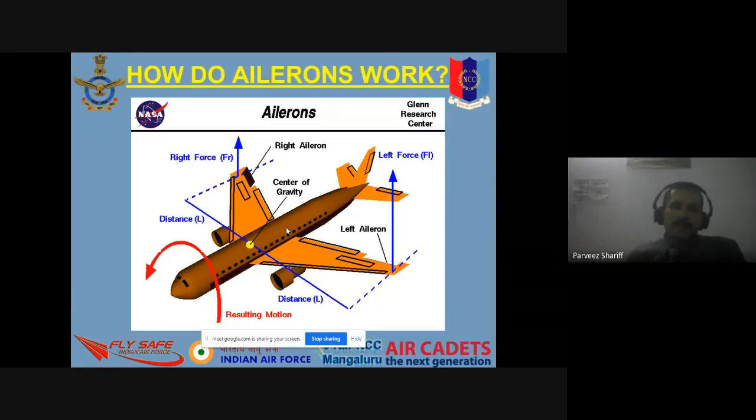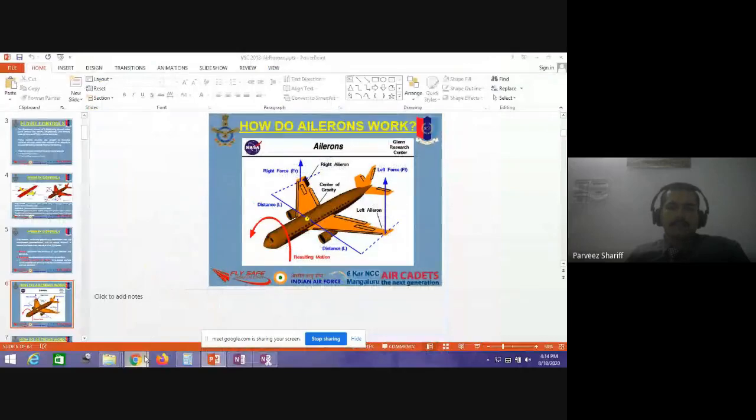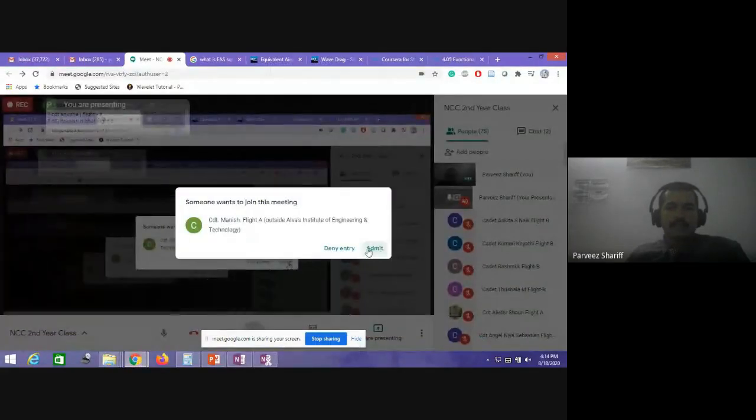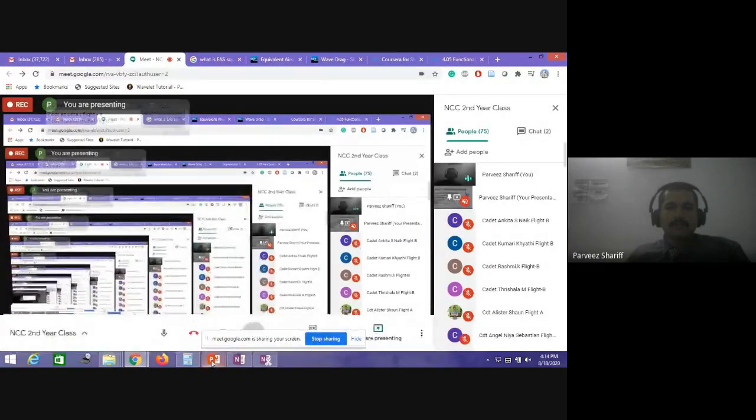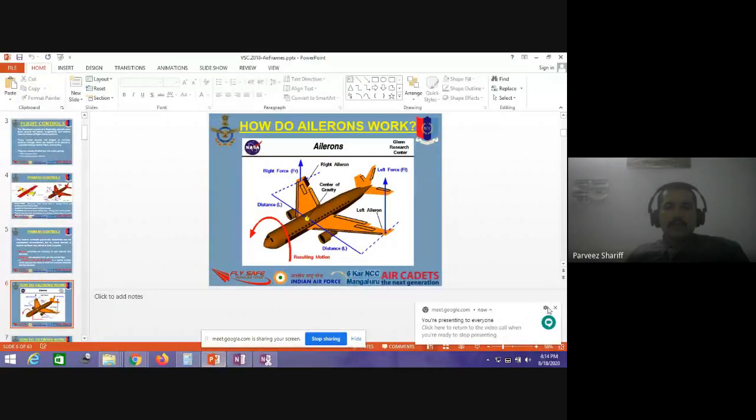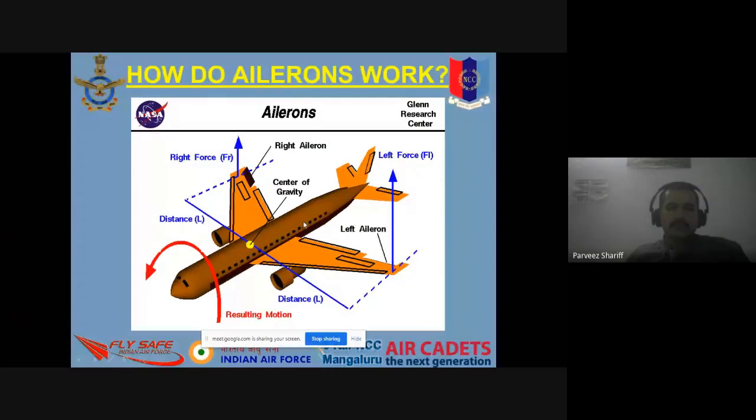That is why before takeoff the pilot calculates the load the aircraft is carrying. The load should not be at one end. It should be equally distributed so that the CG is maintained at the center and the aircraft can fly stable. Okay. Now, a blue line is shown here.